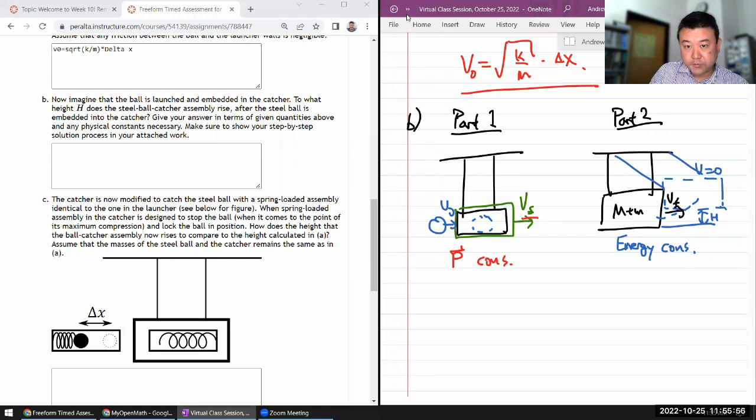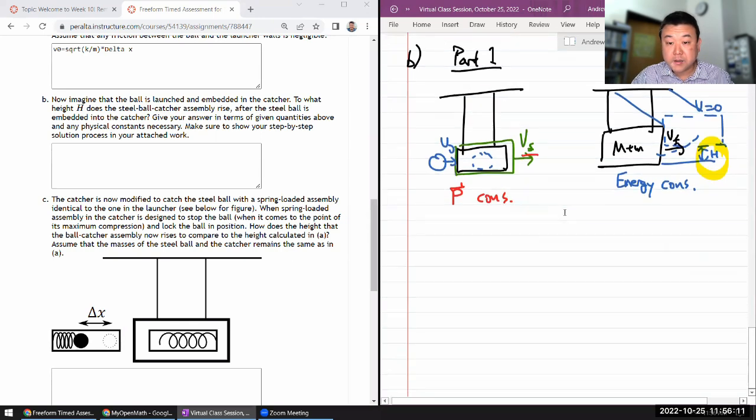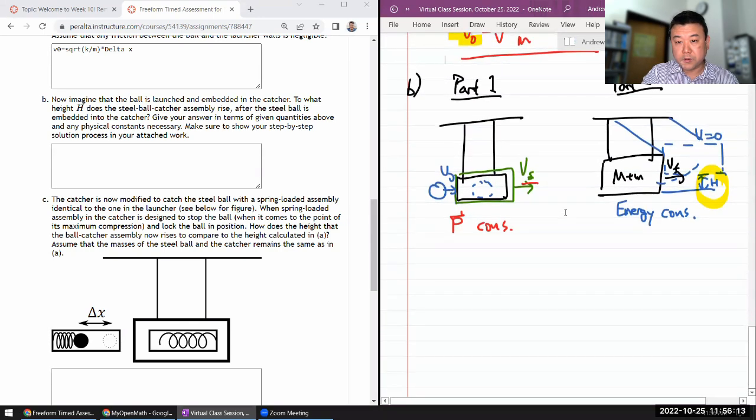Once you have worked through it, you'll have an expression for h in terms of other things you know. I'm going to treat v naught as a given quantity so that my expression will be simple. I have v naught from part A, so I'll just use that. Let me work through part one. That will be the conservation of momentum. My total initial momentum is equal to total final momentum.